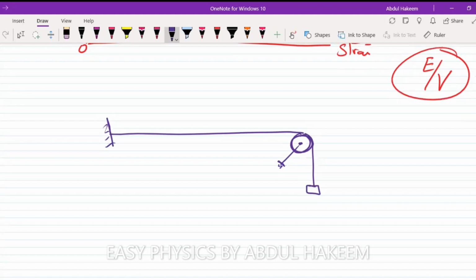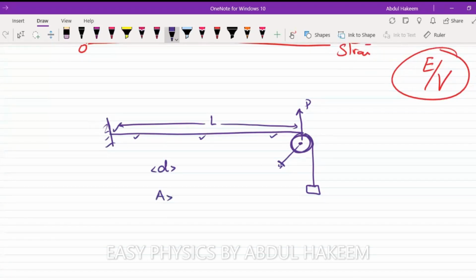So we will measure the length from this point to this point. Suppose here is a pointer, P. Measure this length with the help of a scale. Measure the diameter of the wire at 3 different positions, and then calculate the area. So average diameter, then average area, pi by 4 diameter squared. And then measure the diameter of the pulley 2 or 3 times, so the average diameter of the pulley.